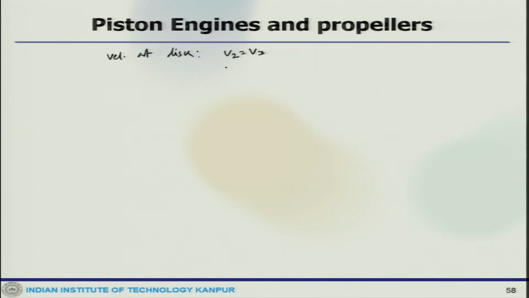Which is written as V2 equals V1 times (1 plus a), where a V1, that is V2 minus V1, is the increase in velocity through the disc, where a is called the axial inflow factor. Okay.